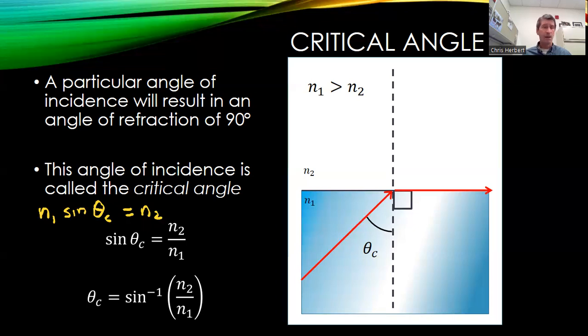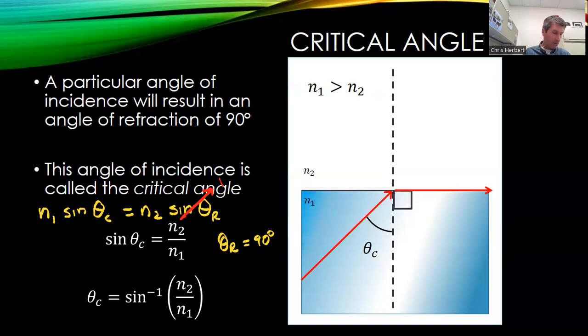N2 is the index of refraction of the lower index material. Usually this is air, it can be other material. And then, of course, we say sine of the refracted beam, but we've already said this refracted beam is going to be equal to 90 degrees. The sine of 90 degrees, of course, is equal to 1. So the sine of the refracted beam just simply disappears.